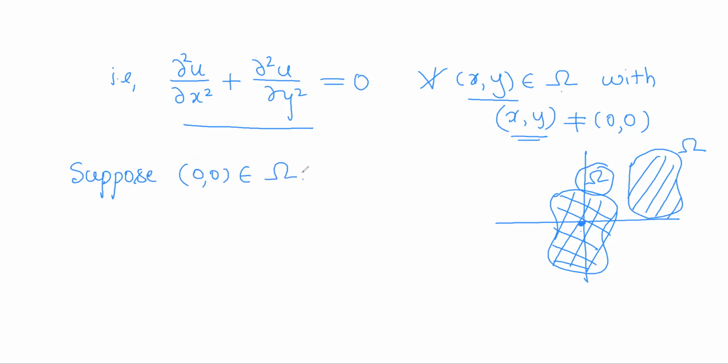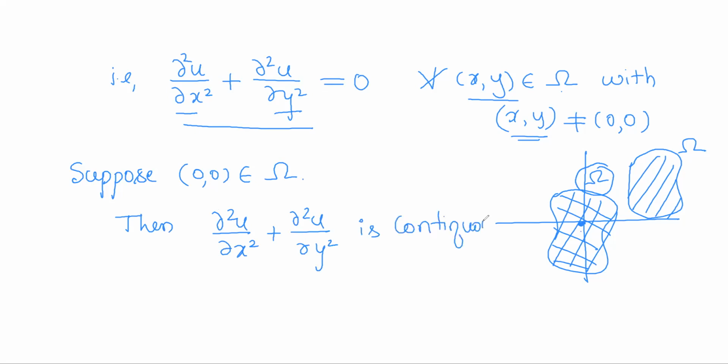So what they have given: u is given to be continuous in the region Ω. Its partial derivatives of first two orders are also continuous. That means these two functions are continuous in Ω, so their sum will also be continuous. So as it is continuous in Ω, it will be continuous at 0 comma 0, right? Then the function ∂²u/∂x² + ∂²u/∂y² is continuous at 0 comma 0.